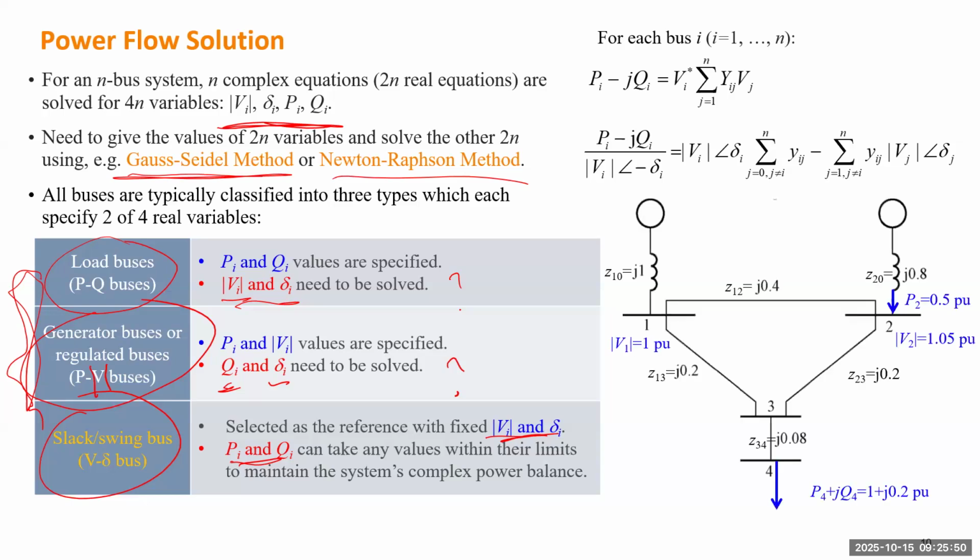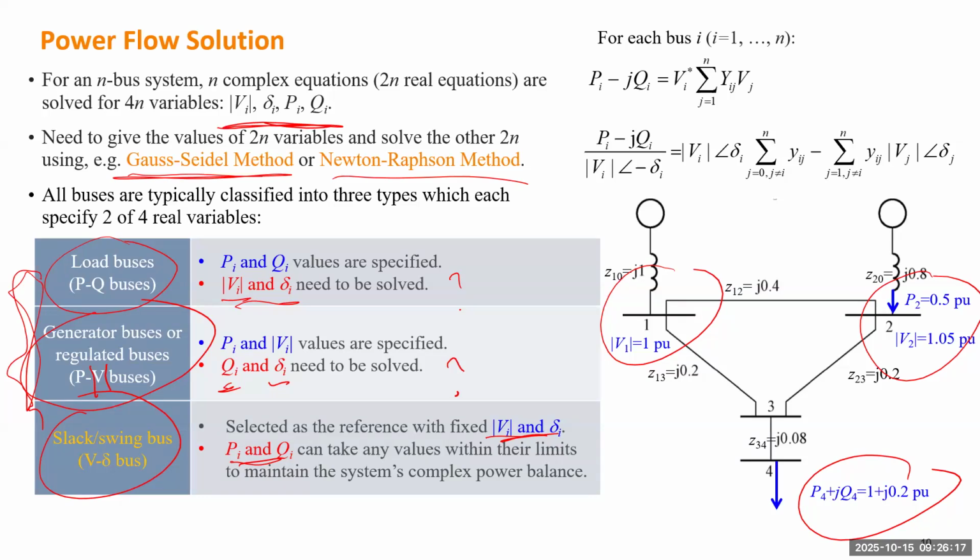Okay. So let's use this toy system as an example. Here, if we assume bus 2, we know the P and the voltage magnitude. This is obviously the PV bus. For this load, we know P and Q. That's obviously a PQ bus. And for this bus, we only gave the voltage magnitude to be 1 without the angle. But we can assume the angle to be known.